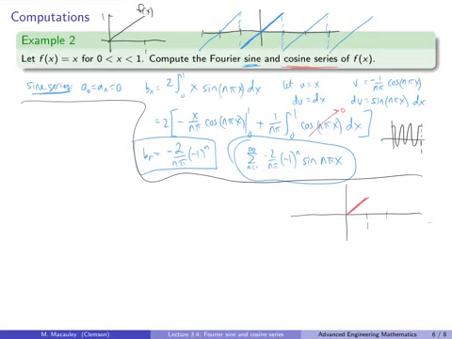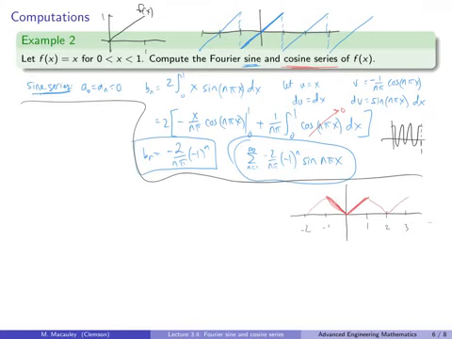And now how do we compute the Fourier cosine series? Well, let's sketch the even extension. So think of this as a two-step process. Step 1, take this function, make it even, reflect it across the y-axis. So this is our window. Now step 2, make this periodic.